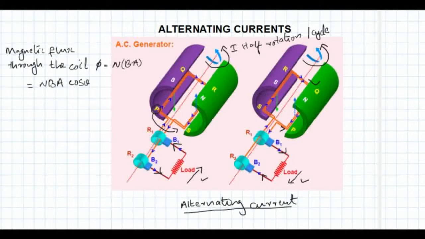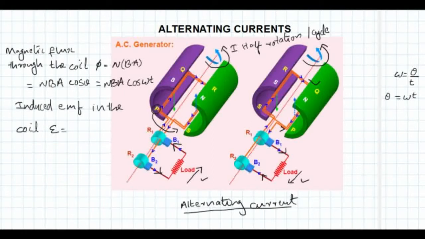Then what is this theta? We know that angular velocity omega is equal to angular displacement theta by time. Just like velocity is equal to displacement by time, omega is equal to theta divided by time t. Therefore theta is equal to omega t. So in this equation we can write it as NBA cos omega t.